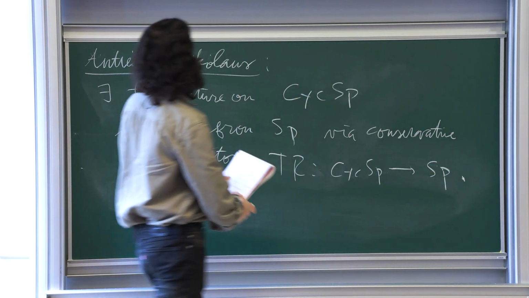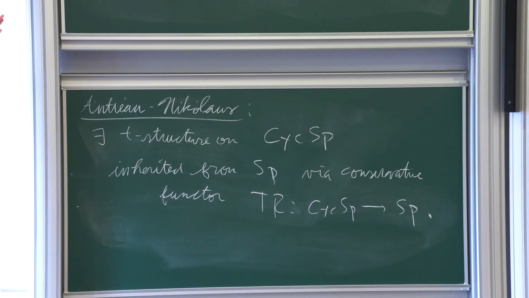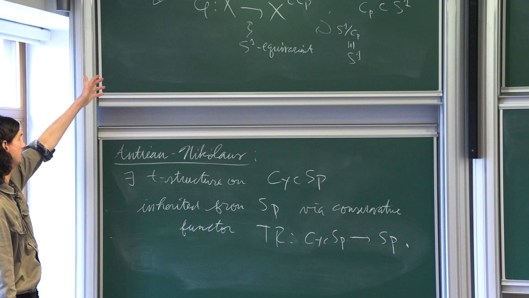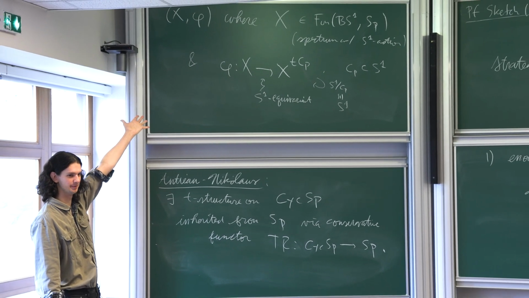The most naive underlying spectrum of a cyclotomic spectrum is just the X, where you forget the S1 action and the Frobenius.